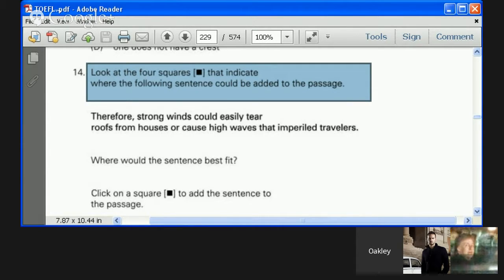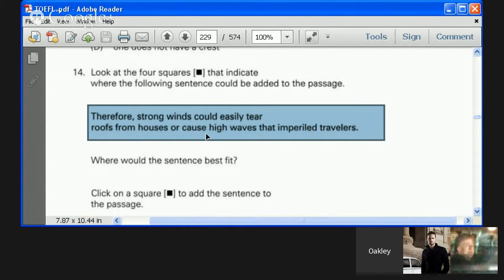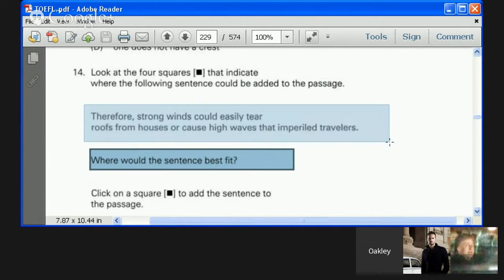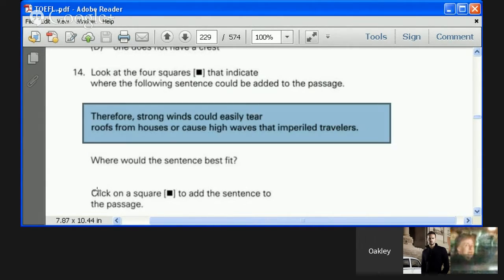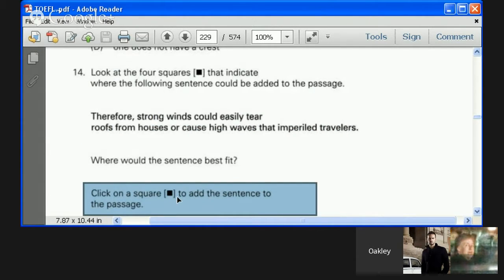Okay. Look at the four squares, put the passage there. We've got to insert a sentence. This is a sentence insertion question. Where would the sentence best fit? It's a computerized test, so you would simply click on the square to add the sentence to the passage.